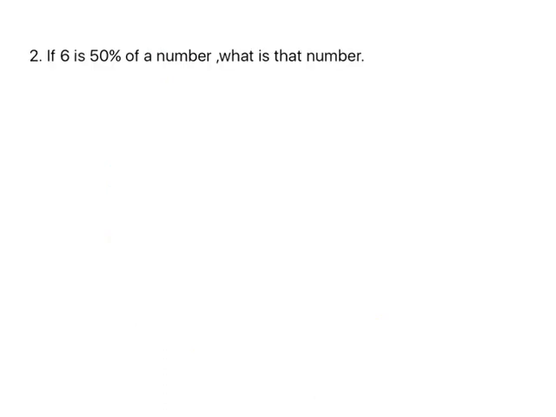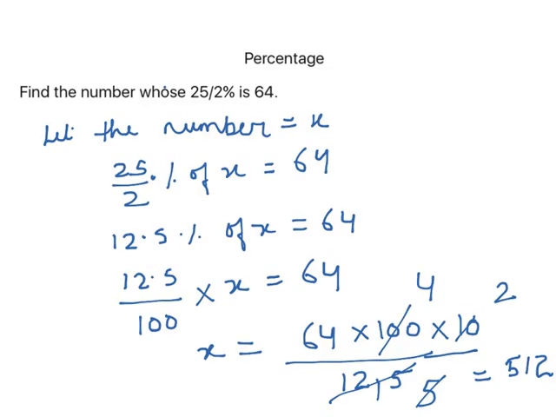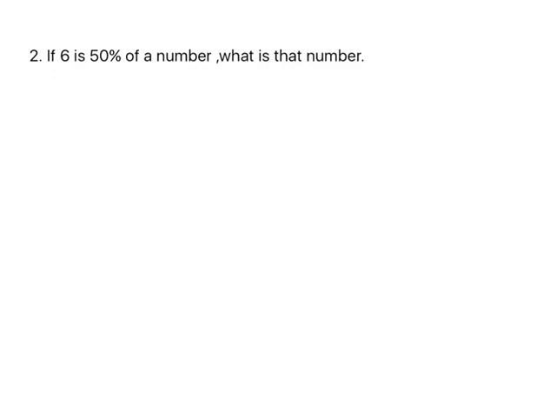Now we have another example: if 6 is 50% of a number, what is that number? It is very similar to the previous question. Here we also don't know the number, so we will let the number be x.